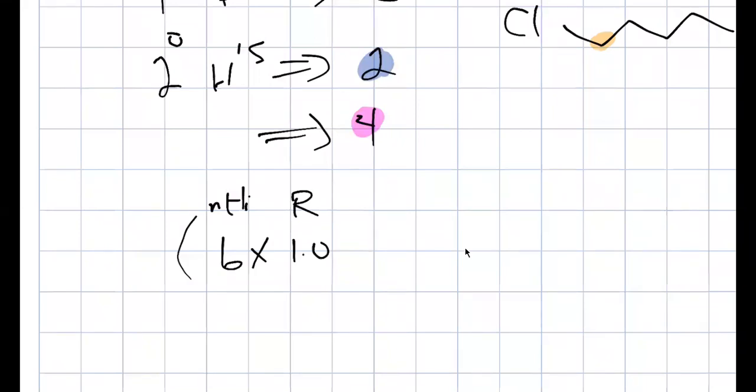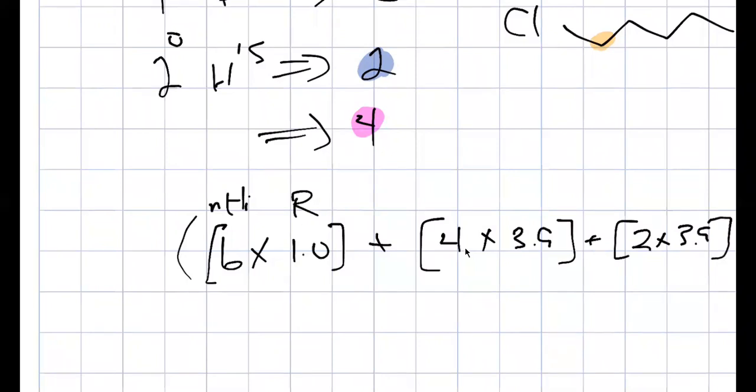N is just the number, H is the hydrogens, and the subscript i delineates the type: primary, secondary, tertiary. So N_H for primary is 6, and then R is 1. And then we're going to take the secondary, one of them. So we're going to do the 4 first. 4 times 3.9, and then plus 2 times 3.9.